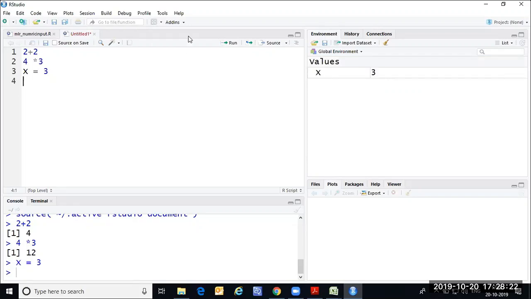now in the variable explorer, the global environment window, the variables or the functions or the data frames or the storage types will all be displayed here. And the type of the data would automatically be assigned by R. Most of the time, it assigns the correct data type.